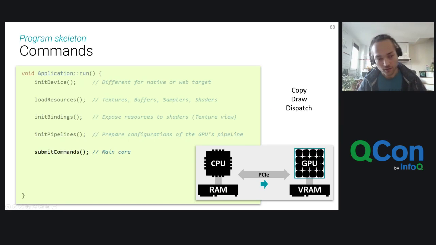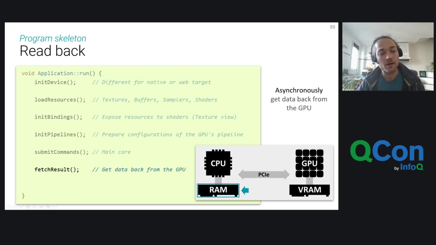Then comes the core of the application. You submit commands to the GPU, and the GPU is executing shaders and running pipelines. You can eventually fetch back some data from the GPU. I'm also going to detail this eventually. And this is asynchronous because, again, the communication between the VRAM and the RAM takes time.